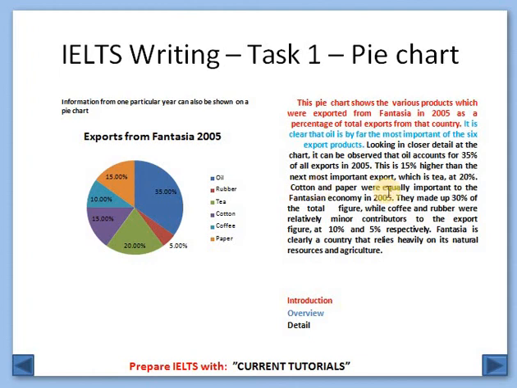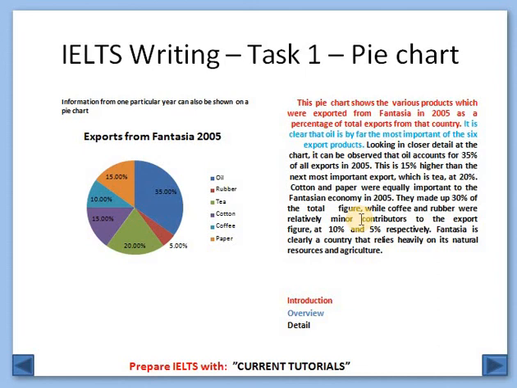Cotton and paper were equally important because they are 15% and 15%. Equally important to the Fantasian economy in 2005, they made up 30% of the total figure because they are 15% each.